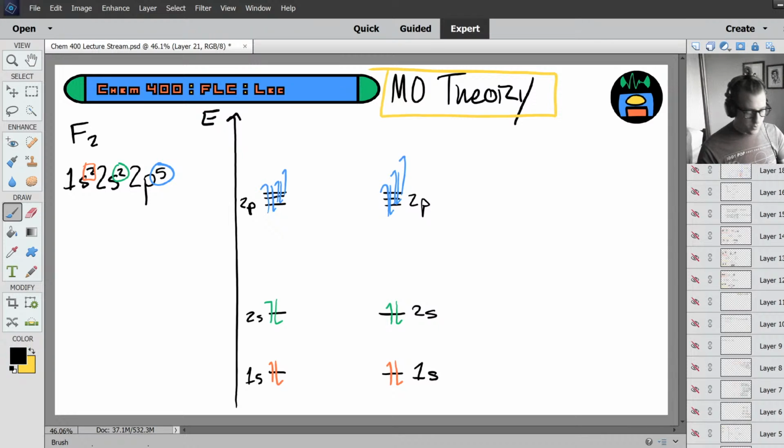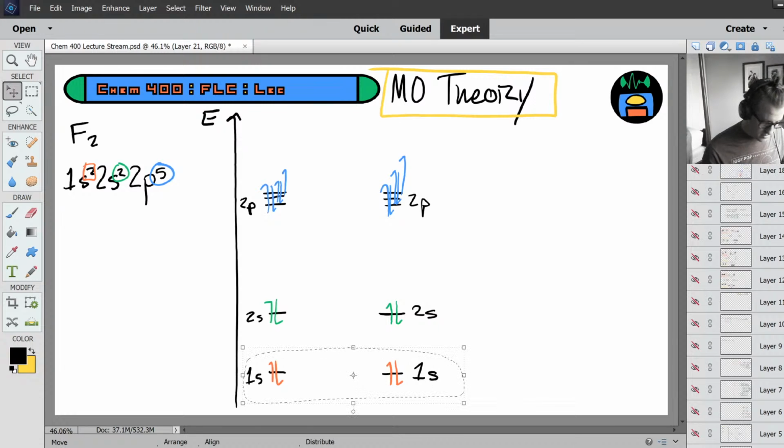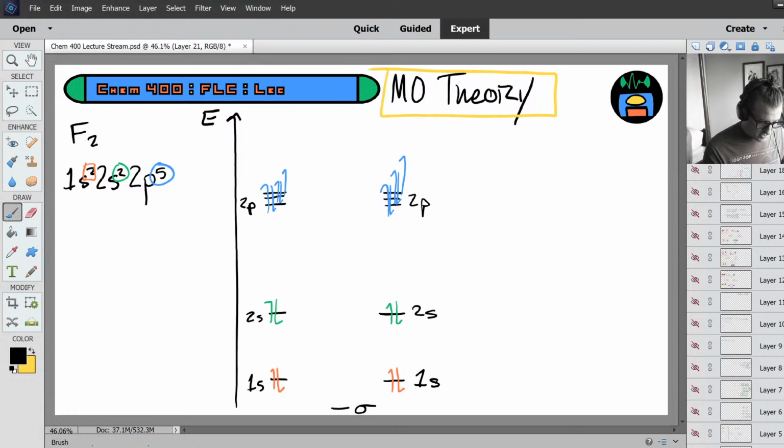All right, now we need to mix these orbitals. So our 1s orbitals, these are going to mix to form a sigma and a sigma star.